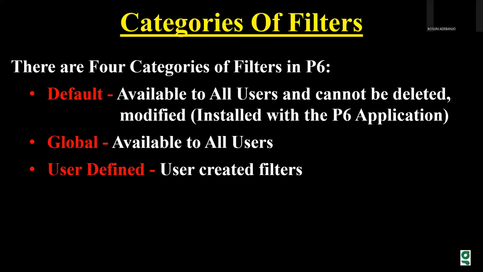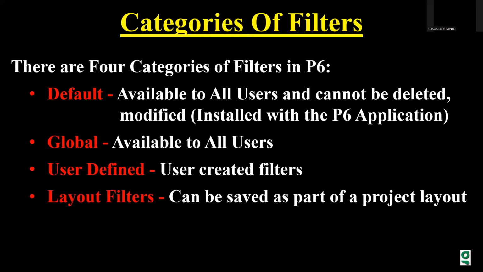We also have the user-defined, which are the filters that have been created by the users themselves. And finally, we have the layout filters, which can be saved as part of the project layout.